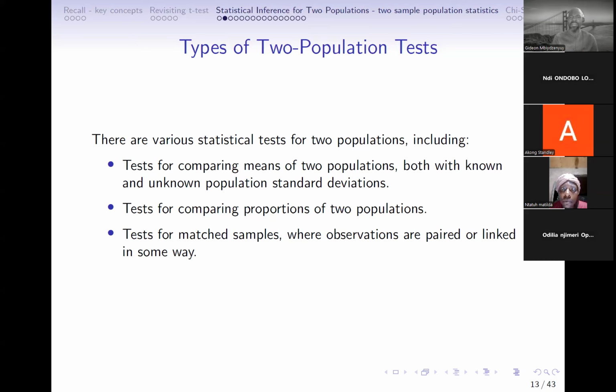You take the same group of students and you teach them a certain technique, and then you ask the same group to do another exam. Because you're dealing with the same group of students in the first and second case, you expect to have data about these students in both cases. So there is some kind of correspondence or match between those two.